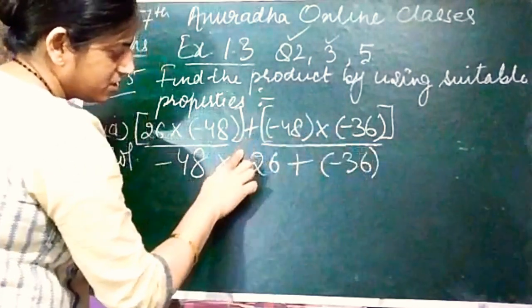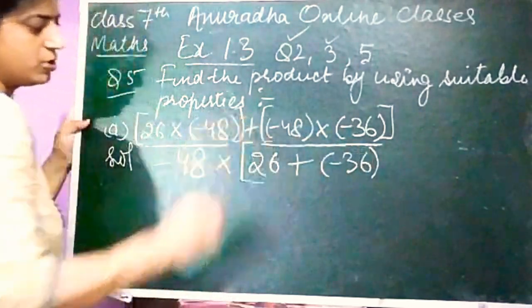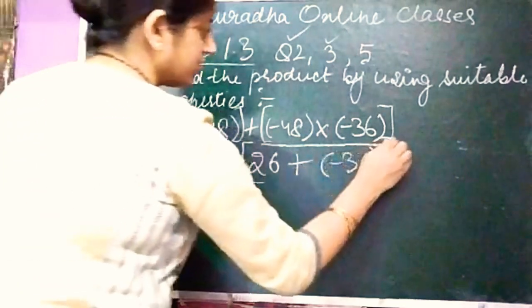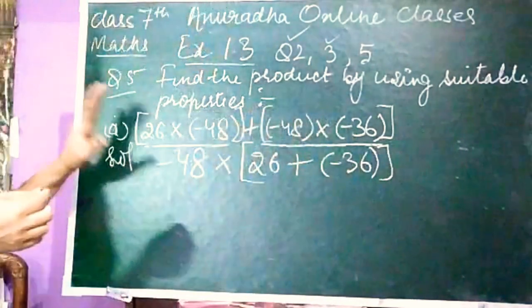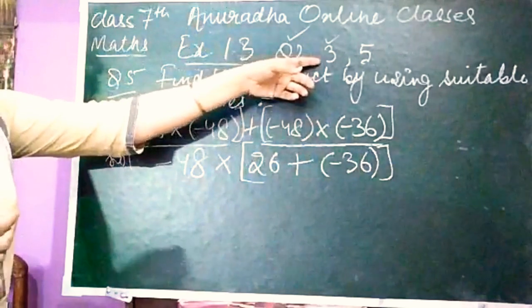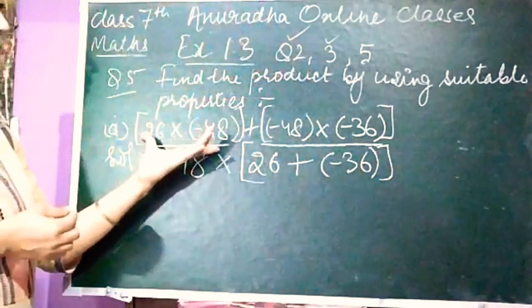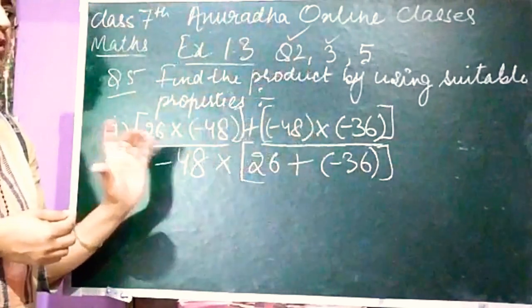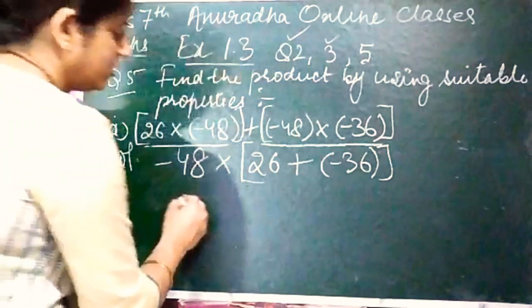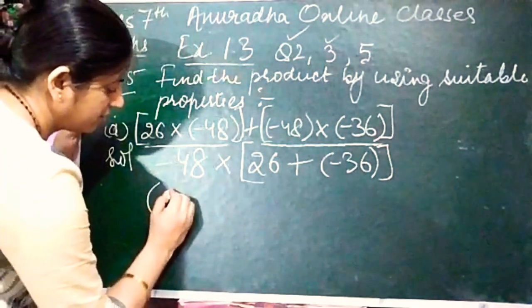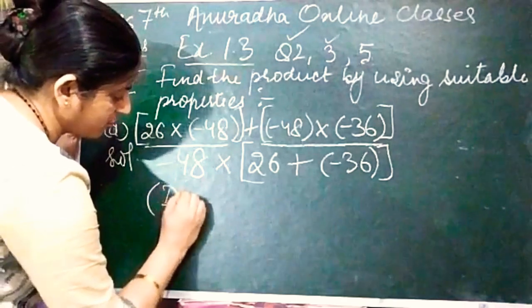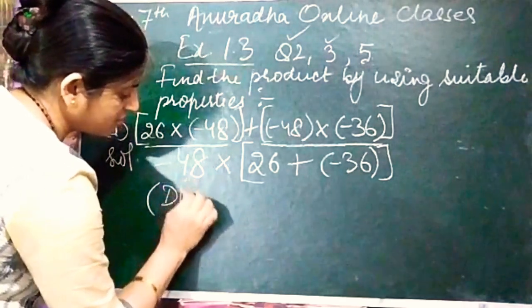So better to put a square bracket here, right? Just now we have done this in the third question. I told you which property is used here. Tell me which property? Yes, I'm writing here, distributive property.